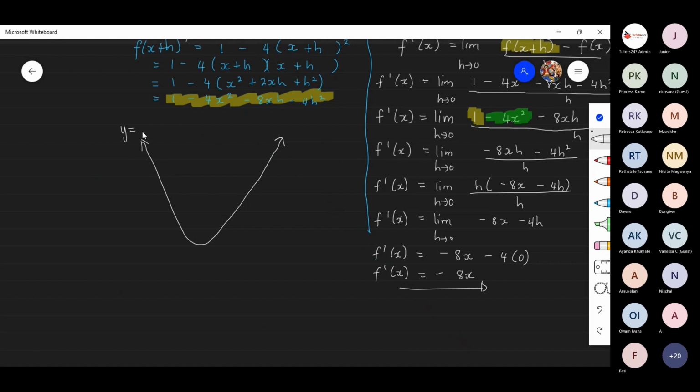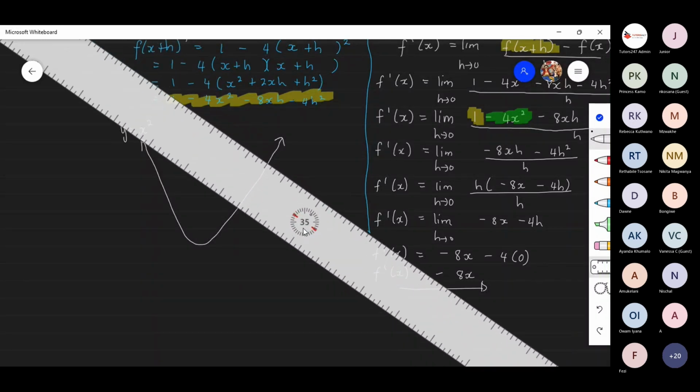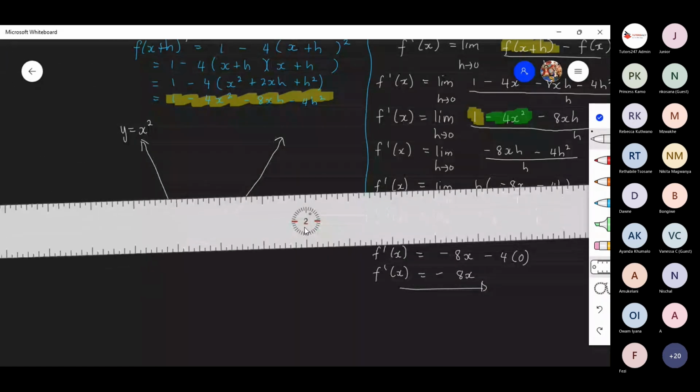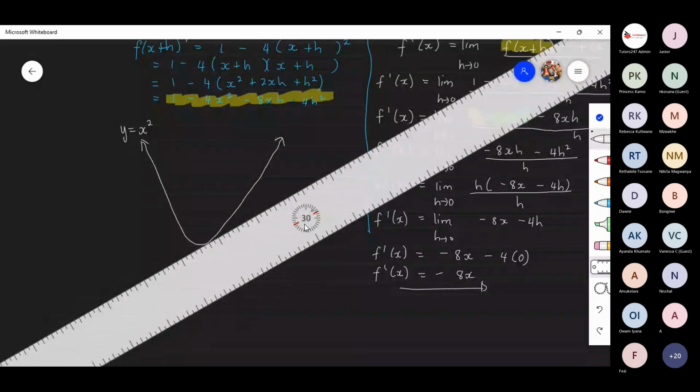So this is y equals x squared. Now let's say at this function we have a tangent. Keep in mind that a tangent is a straight line that cuts the graph at one point, whereas a secant cuts the graph at 2 points, okay? So always be able to differentiate between the two.